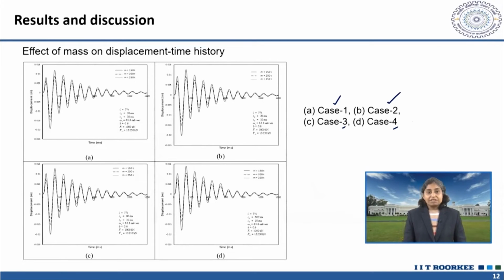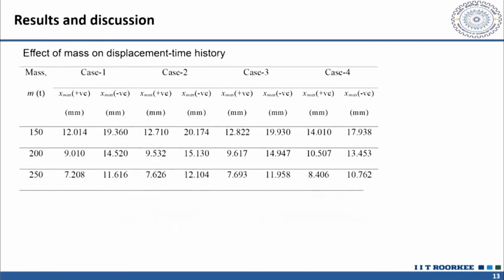So, as you can see, with the increase in mass, that is from 150 tonnes to 250 tonnes, throughout the negative as well as the positive displacement is reduced. Although the magnitude is not really legible from these figures, so I tabulated these.